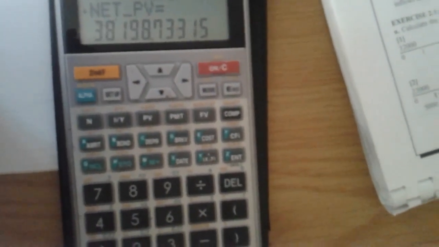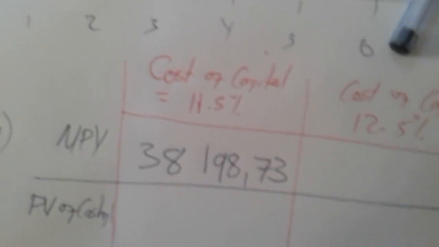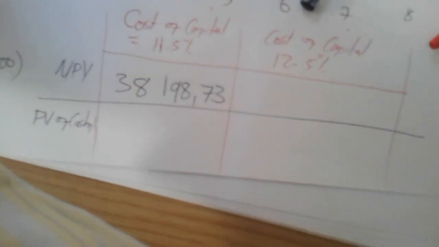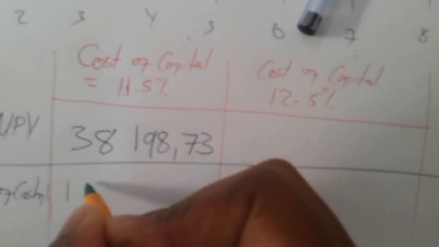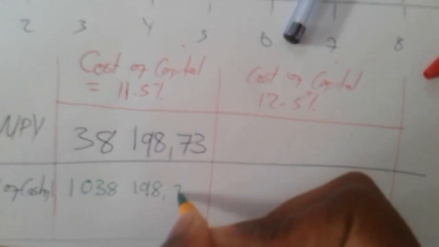38,198.73. What this means is your present value of cash flows is more than the present value of the investment by how much? By 38,000. So if you agree with me, it simply means our present value of cash flows is equal to 1,038,198.73.